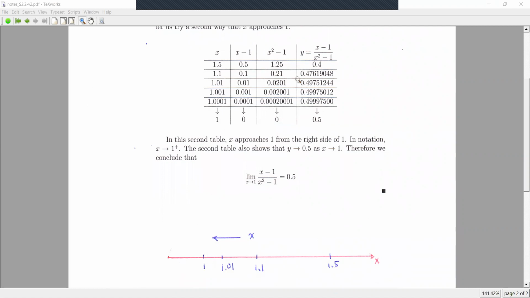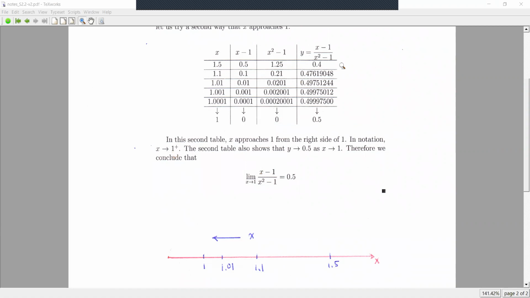So in this table, I let x approach 1 from the right-hand side. In notation, x approaches 1 from the right side is 1 plus. The plus sign behind 1 means on the right side of 1.